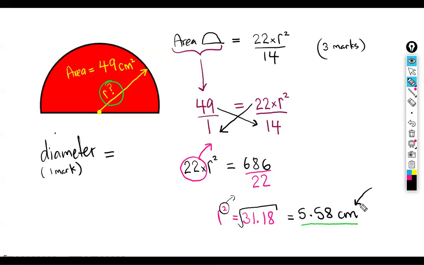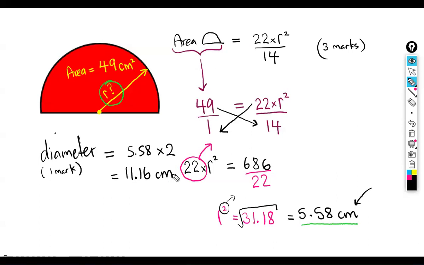Right, and a lot of people are telling me, all you have to do is take the radius, which is 5.58, and multiply it by 2, because the diameter is always twice the radius. So 5.58 multiplied by 2, we're going to get 11.16 centimeters.